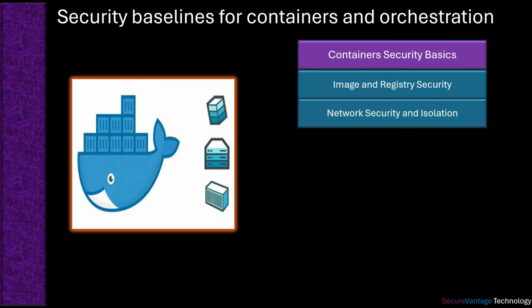For network security and isolation, you should limit exposure of containers and reduce potential attack surface. You should use network policies to control communication between pods within AKS clusters. AKS supports Kubernetes network policies and Azure network policies for fine-grained control.